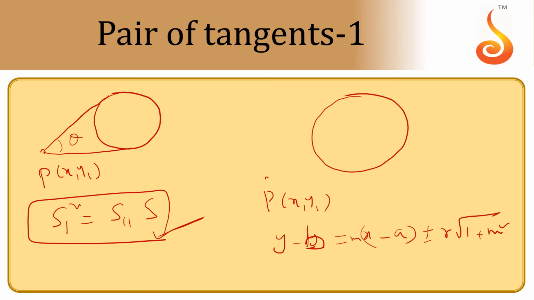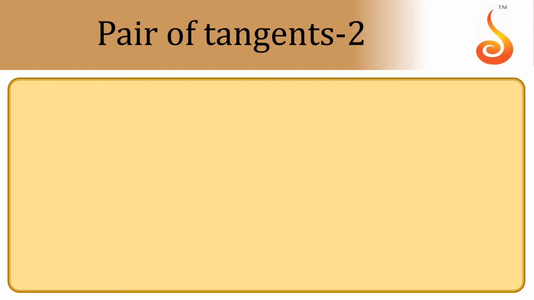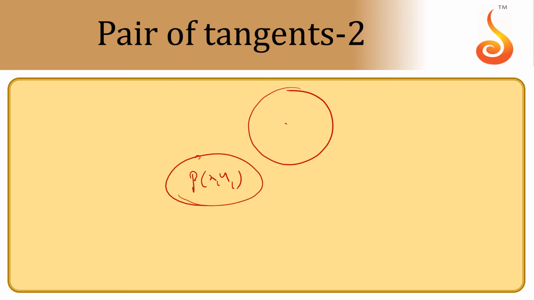This will be the equation of infinite tangents of a circle with center (a, b) and radius r. Substitute the point x1, y1 in that, and you will get a quadratic in m. Solve it. You will get two values for m.